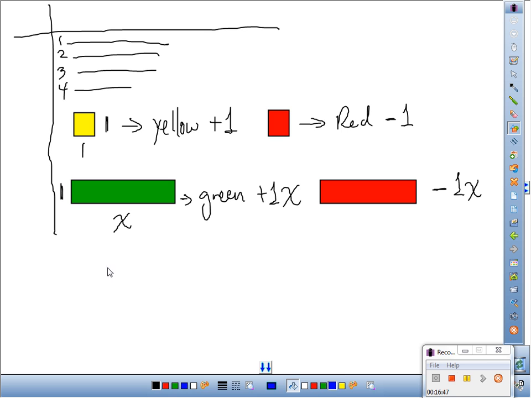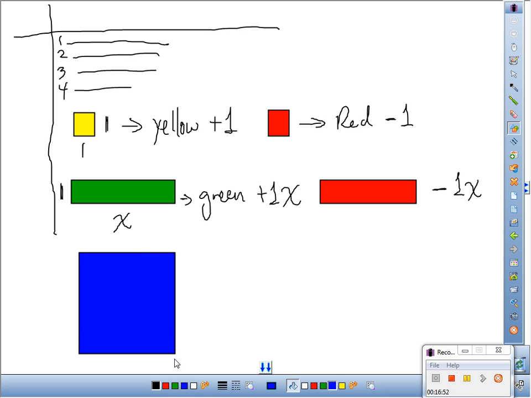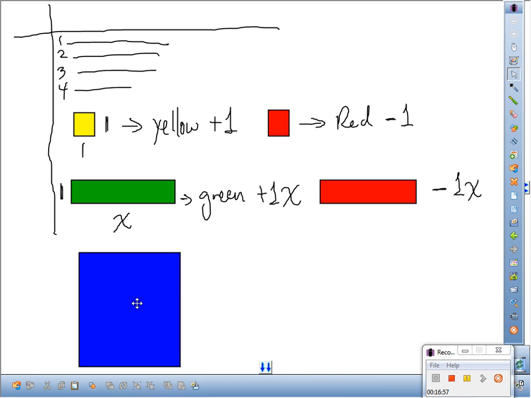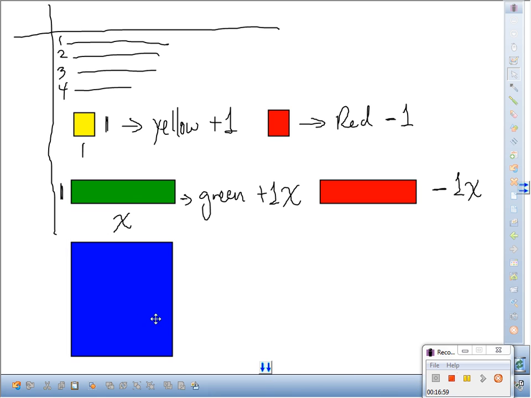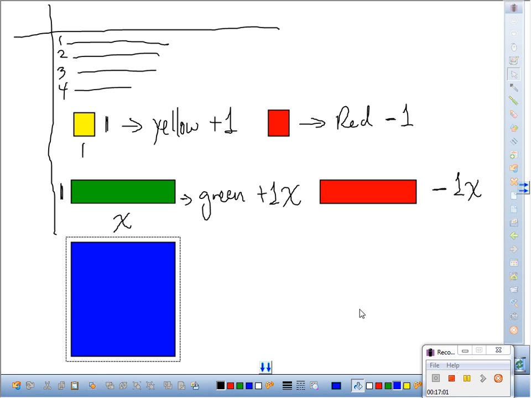So with that said, underneath this one, I want you to trace the big square. Trace that, please.